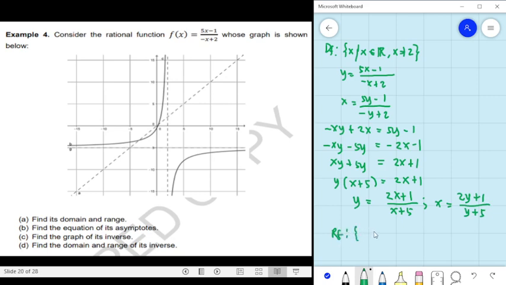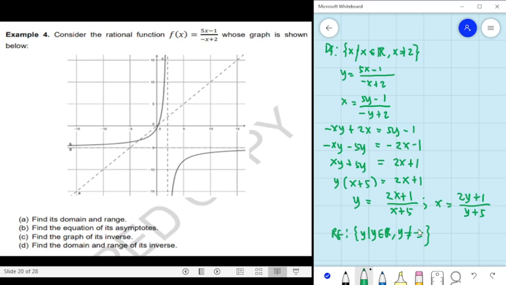Therefore, the range is the set of y such that y is a real number and y must not be equal to negative 5. Okay? So that is the range.